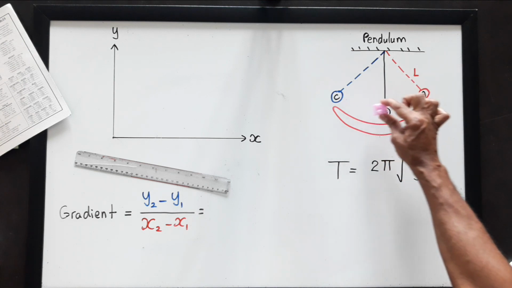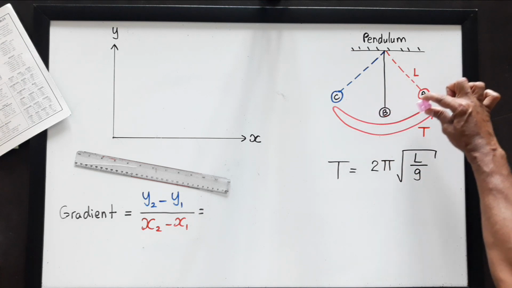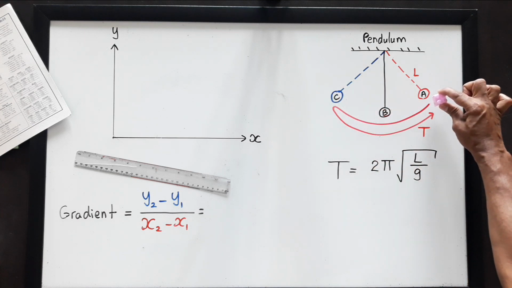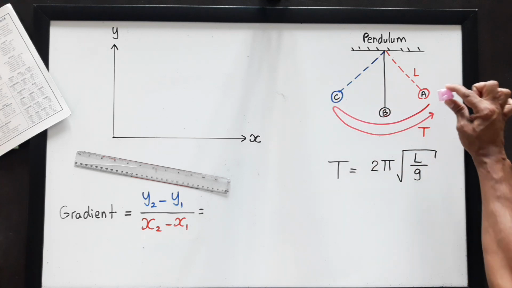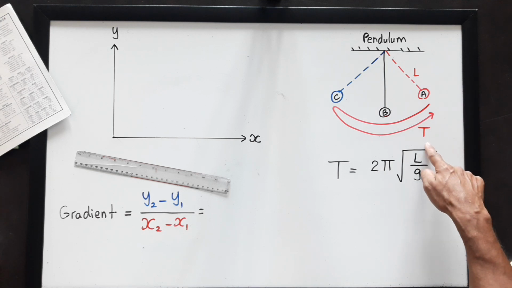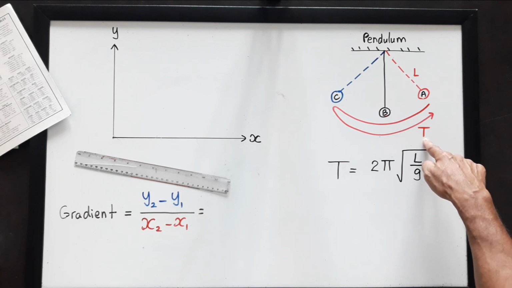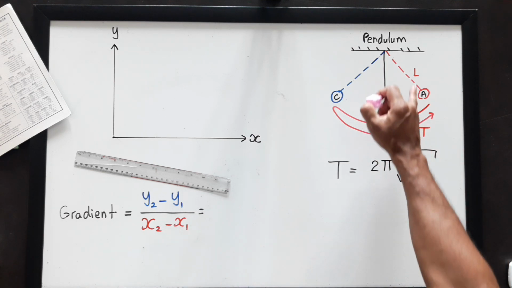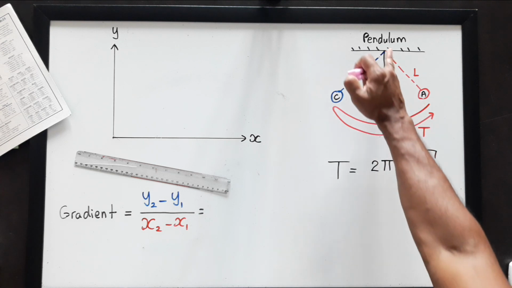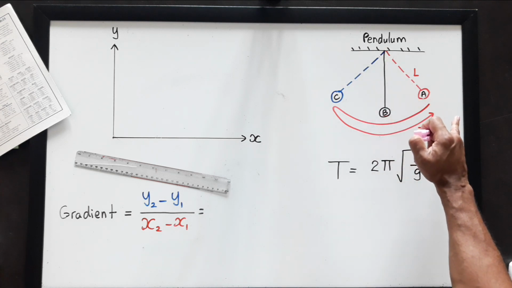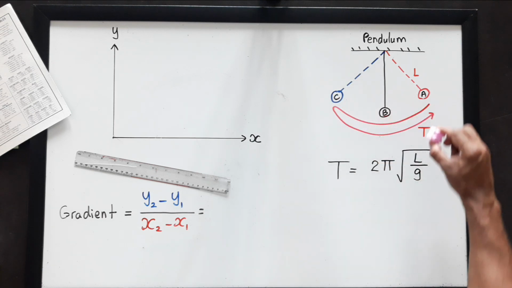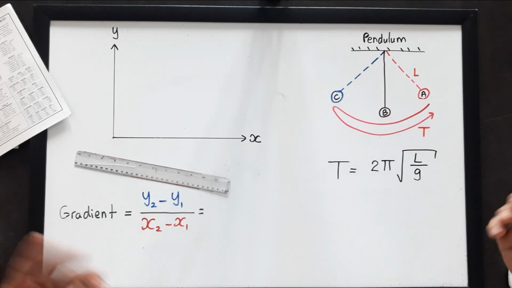Now, if I pull the pendulum to point A and I release it, and time how long it takes to go back to point A, that time is represented by capital T, better known as your periodic time. And there's a formula that relates L and T, because if you change the length of the string, the time it takes to go back and forth will change to suit.